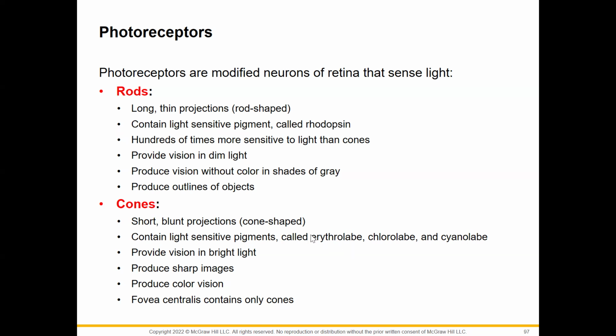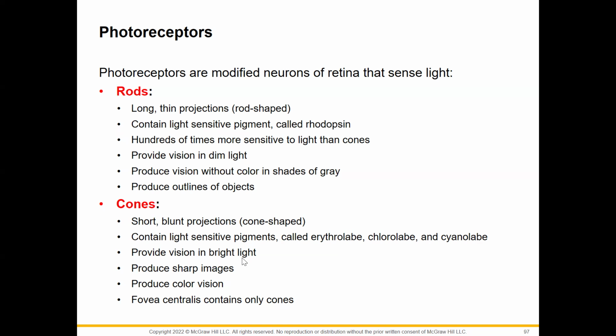Think erythrocyte, red blood cells. Chloro means green, chlorophyll. Cyano is blue. I can't think of anything to give you that means cyano, but cyano means blue. So cones allow for color, and the pigments that are allowing for that are the erythrolabe, chlorolabe, and cyanolabe.